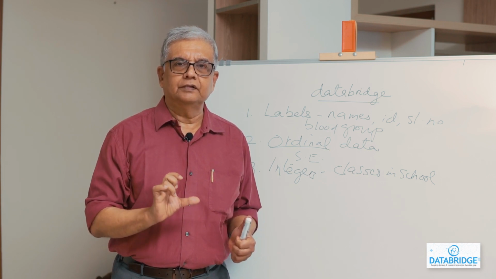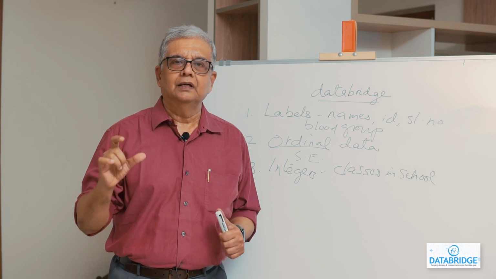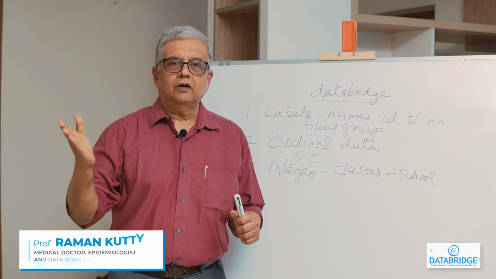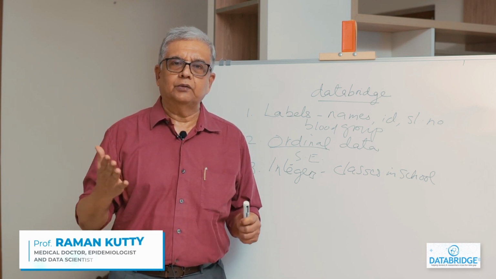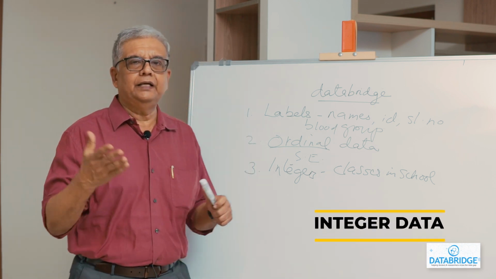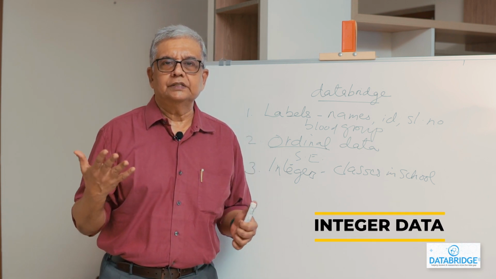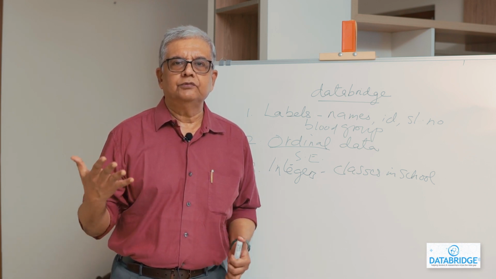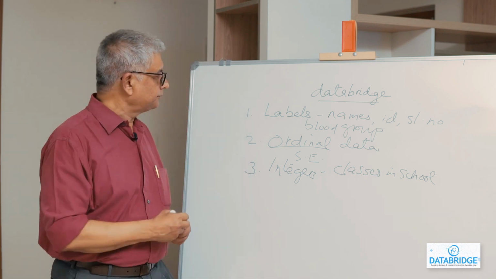Like the distance between 5 and 6 is the same as the distance between 6 and 7, same as the distance between 7 and 8, etc. So they are ordered, and also the distance between them is more or less equal or exactly equal. So that is called integer data. So there is nothing in between. A good example of this is for instance the number of children. It can only be a whole number. You cannot have 2.5 children. So which means whole numbers are only possible.